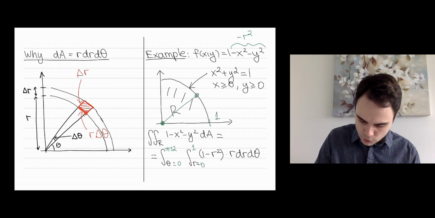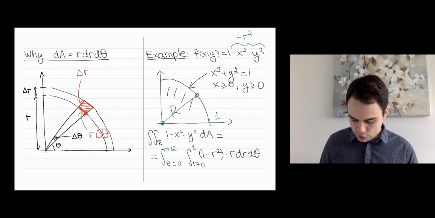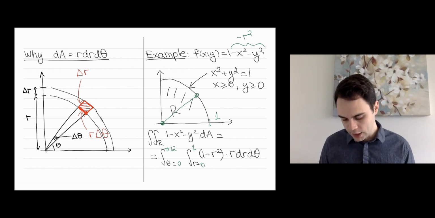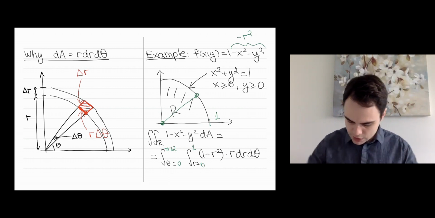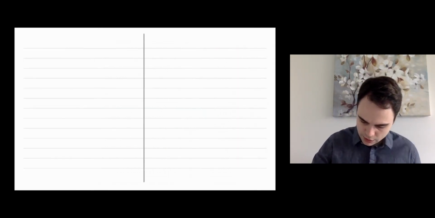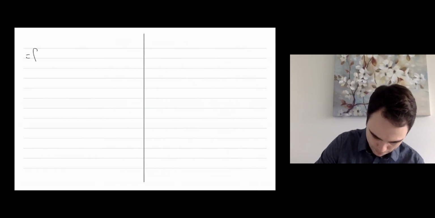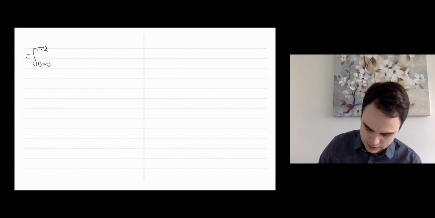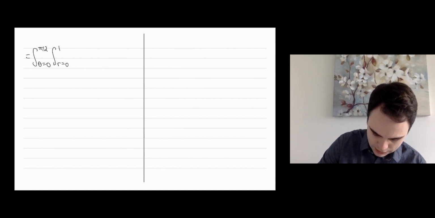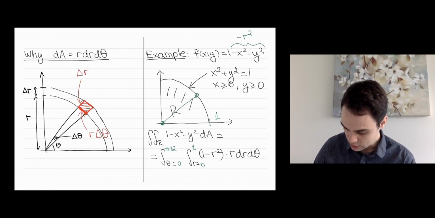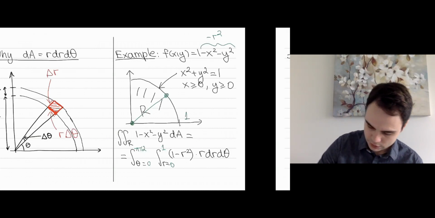Okay, so now the geometry part is over, and it's time to evaluate this integral. Let me continue on the next page. So we have an integral in theta from 0 to pi over 2, and then an integral in r from 0 to 1. The function we're integrating is r minus r cubed dr d theta.